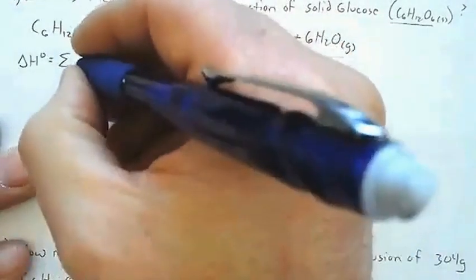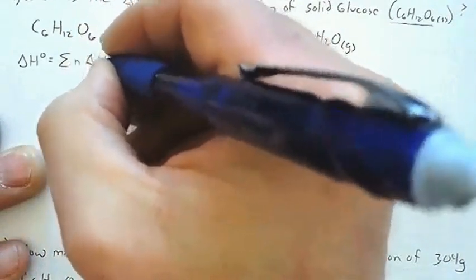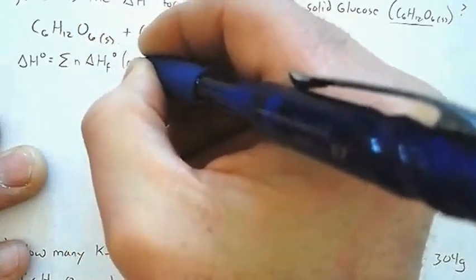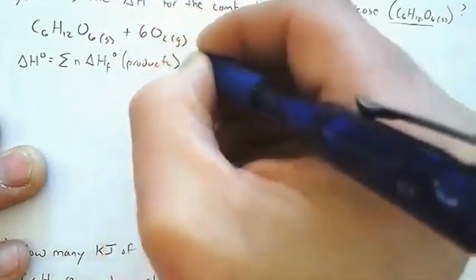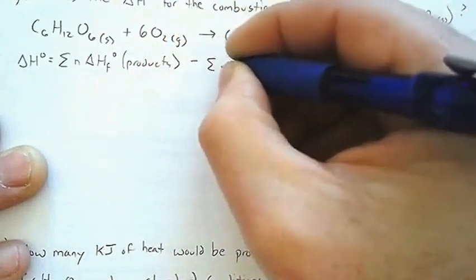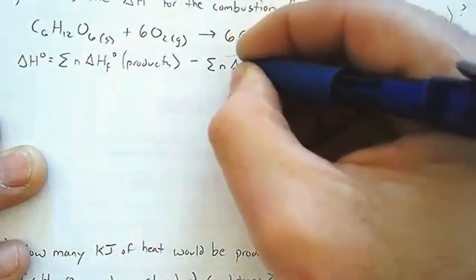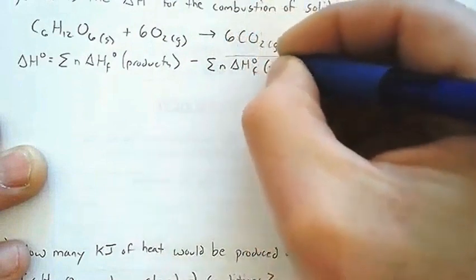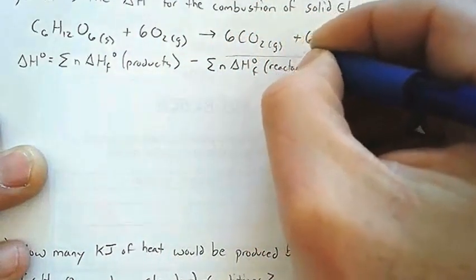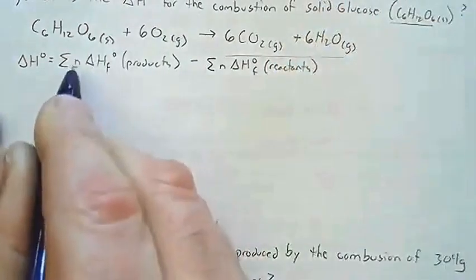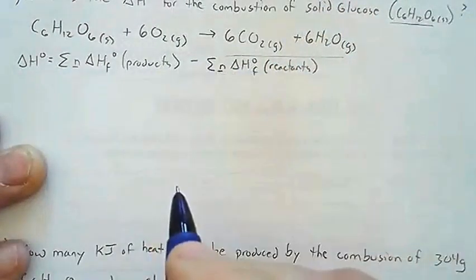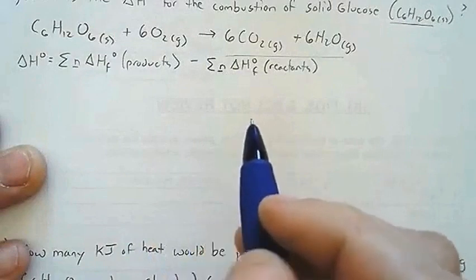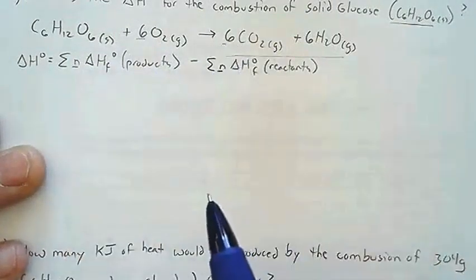So the heat of reaction is equal to the sum of the heats of formation for the products, minus the sum of the heats of formation for the reactants. And n indicates that we have to take into account the number of moles involved, in other words, the coefficients.